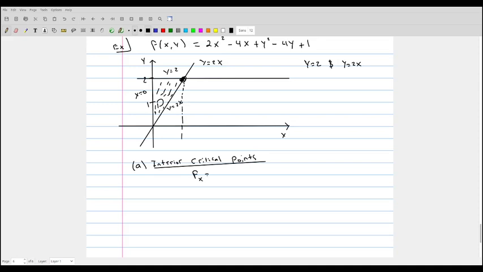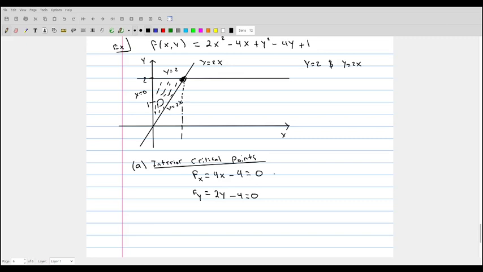So this is where fx, the partial derivative with respect to x, is going to be 4x minus 4 equal to 0. And simultaneously, the y partial derivative, which is 2y minus 4, is equal to 0.